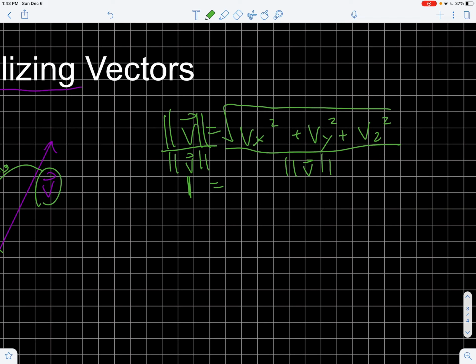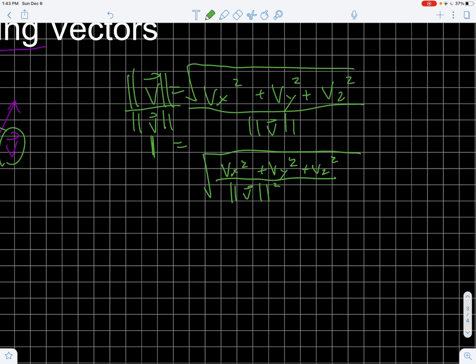So what does that mean? All right. So if we know that this piece is also equal to the square root of vx squared plus vy squared plus vz squared all over the norm of vector v squared, right? Because we just square this so we can put it under the square root.